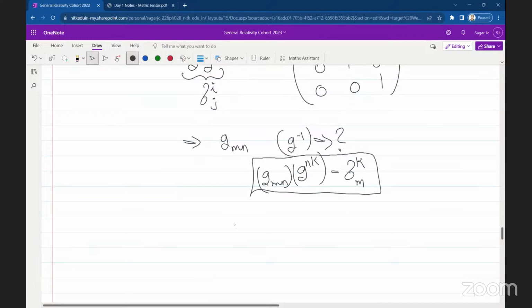The contravariant components of a metric tensor are the inverse metric tensor, and the covariant components of the metric tensor are the normal components.